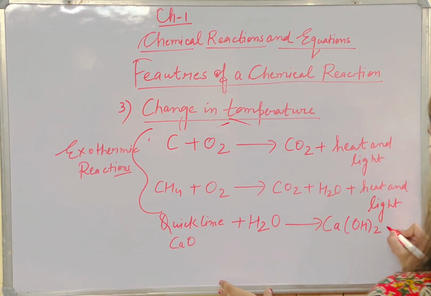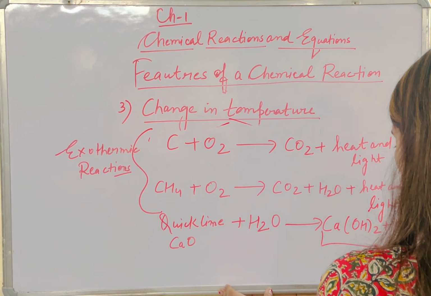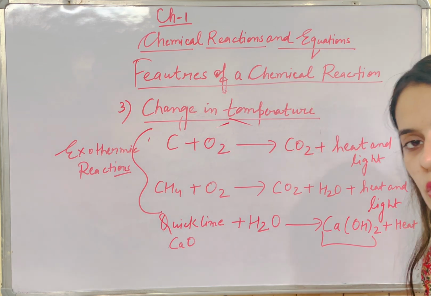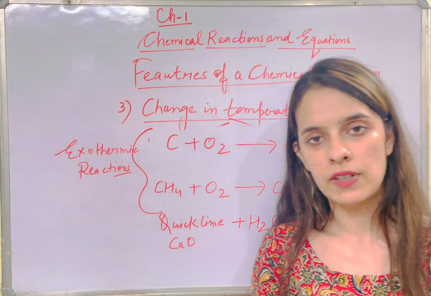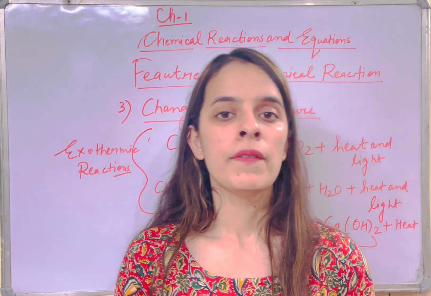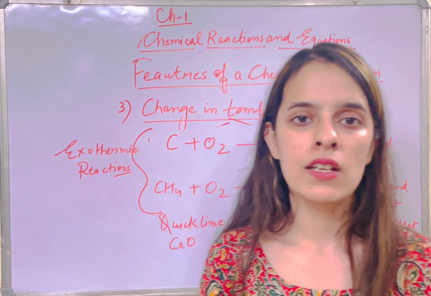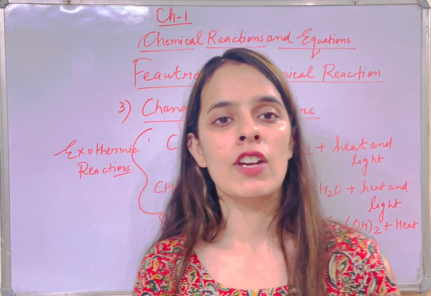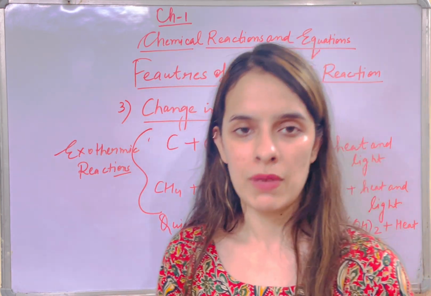Ca(OH)2, along with the evolution of heat. This reaction is also called exothermic reaction because here also heat is evolved, right? So next is endothermic reaction, the reactions which are supported by the passage of heat, by the supply of heat. When heat is absorbed, those reactions are called endothermic reactions.